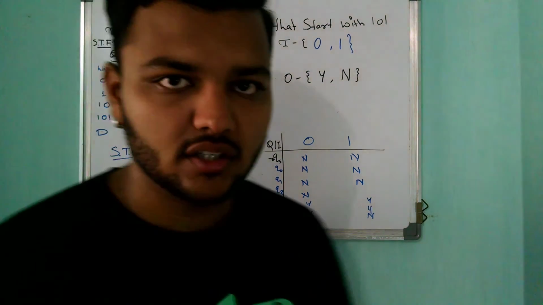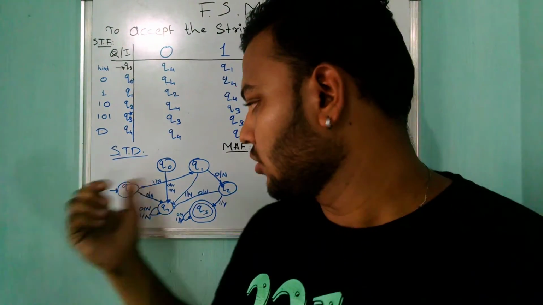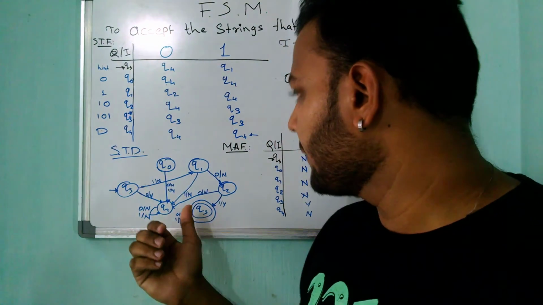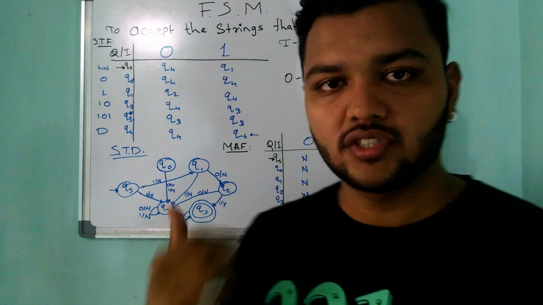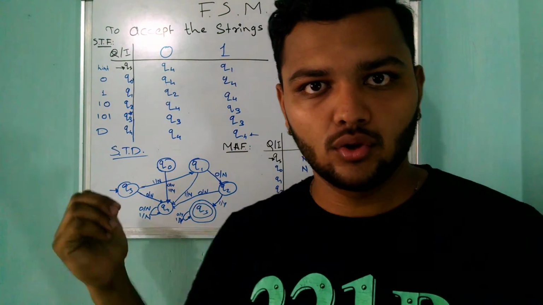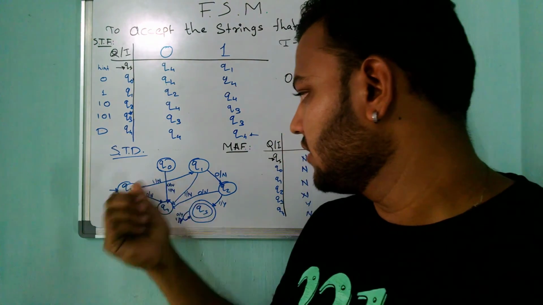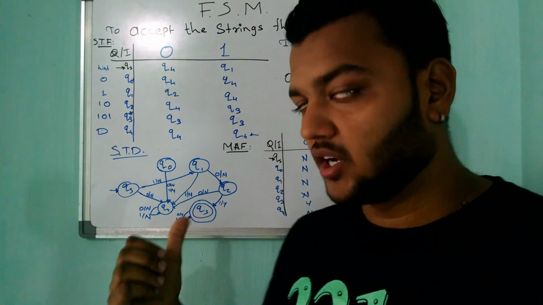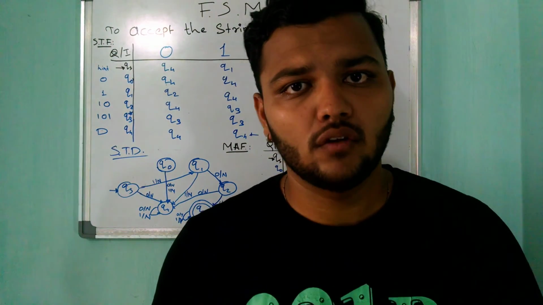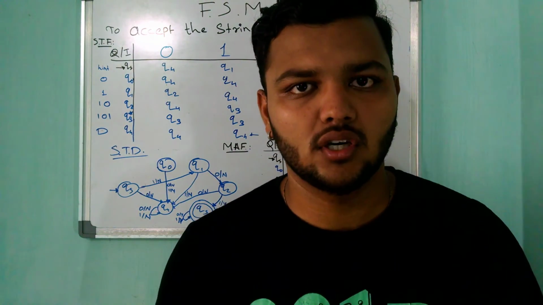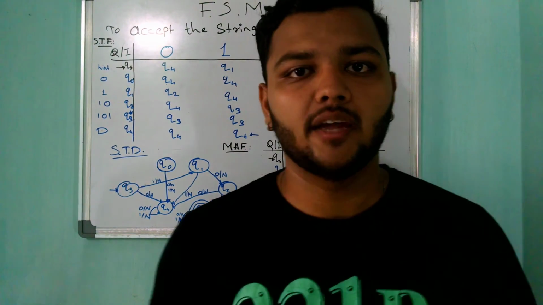So this is how we draw the state transition diagram, in which we write down all the states and map all the transitions on the arrows, then write the inputs and the outputs, so that we can see if the number actually starts with 101 using this diagram. This is how we solve any problem that is based on starts-with type problems.